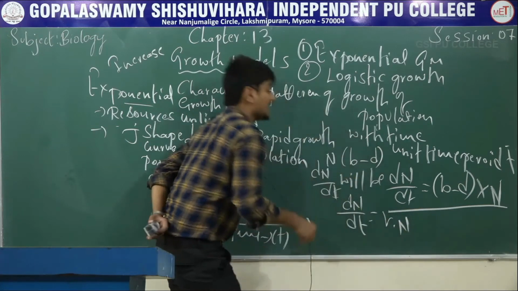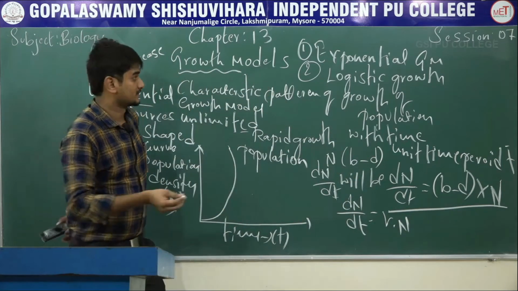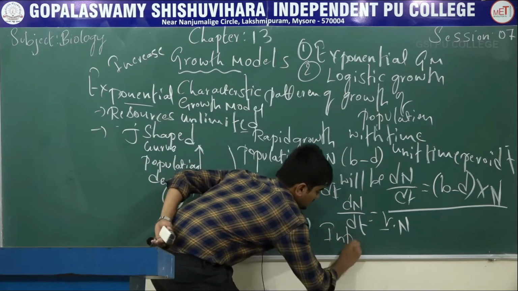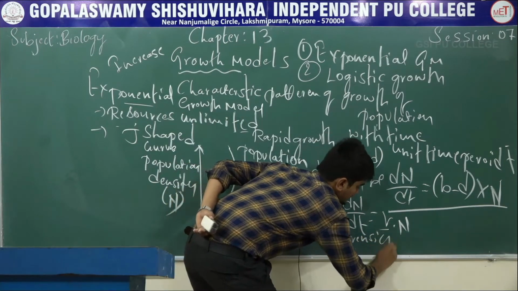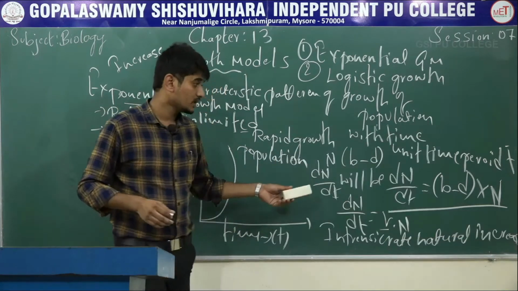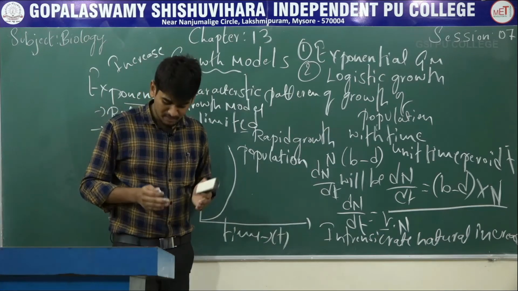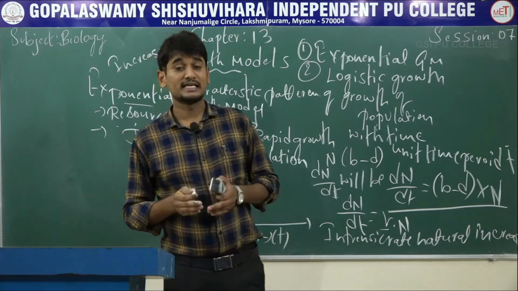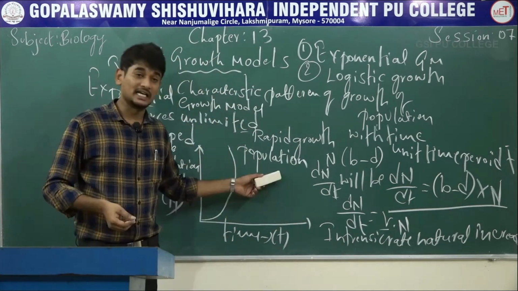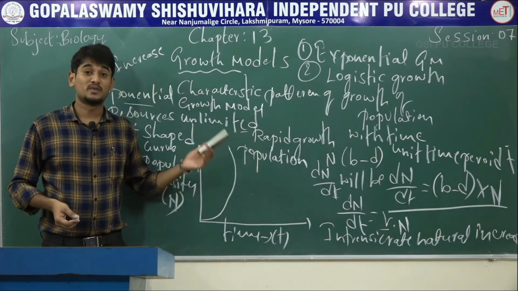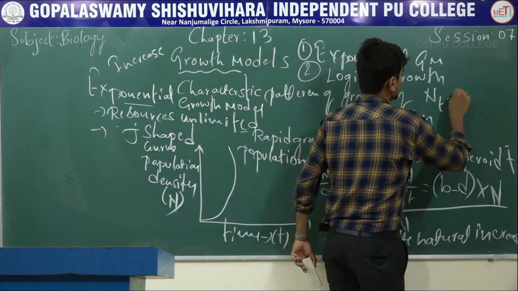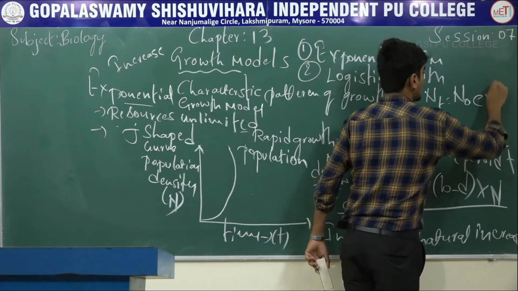Here r is the intrinsic rate of natural increase. The intrinsic rate of natural increase is the important parameter for assessing any impact of biotic and abiotic factors on population growth. The integral form of the exponential growth equation is Nt equals N0 e to the power rt.